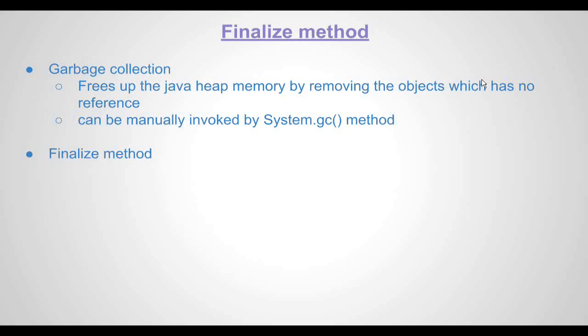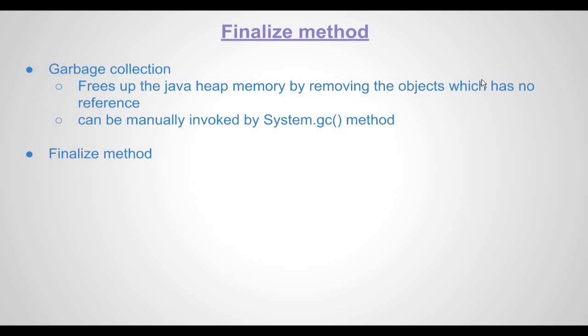Our example programs will not run that many days, but when you implement programs in the real world, they will be running throughout the days. In that case, memory is crucial. There will be so many objects created as a part of program execution. If we don't clean up those objects from the memory, then we might get out of memory errors.